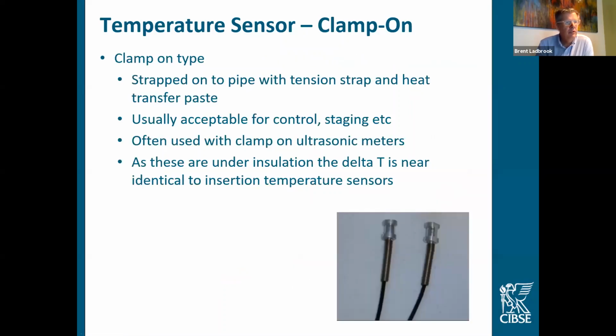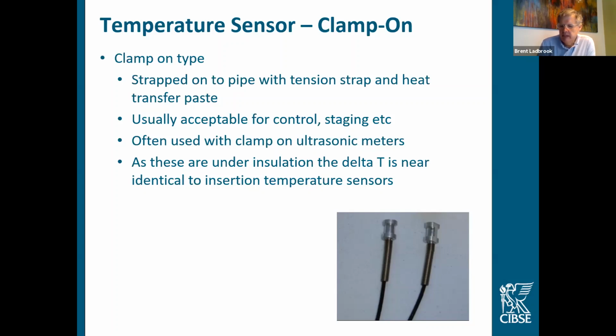There's also clamp-on type. These are not allowed under NMI in Australia, but they are used for clamp-on thermal energy meters. Typically these are approved to standards, but maybe the clamp-on meter is not approved to standards, but the temperature sensors are.